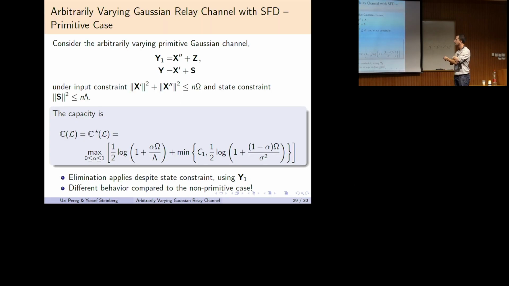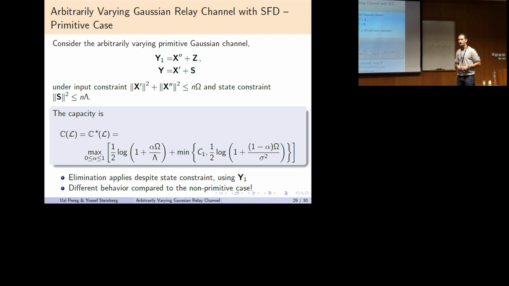Exactly, this is the intuition. Yeah, exactly. That's the basis for the elimination technique. If the capacity is positive, in this case we have this noiseless link, then you can transmit the randomness, the index of the code that you are using. Okay, that's a good comment.